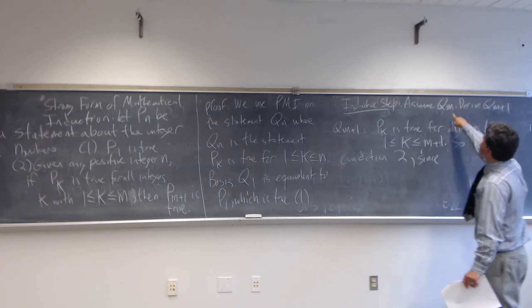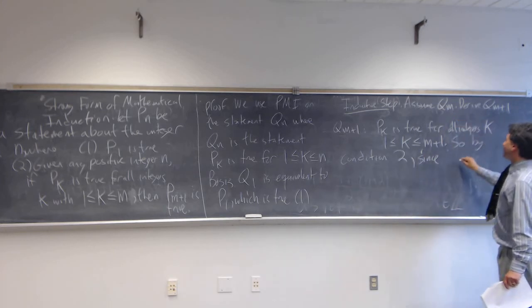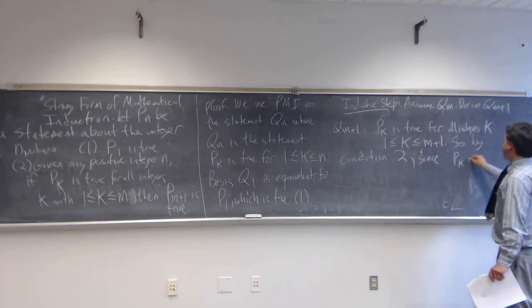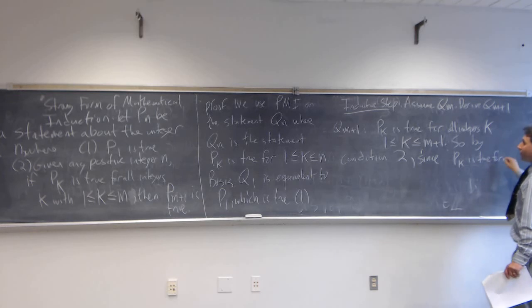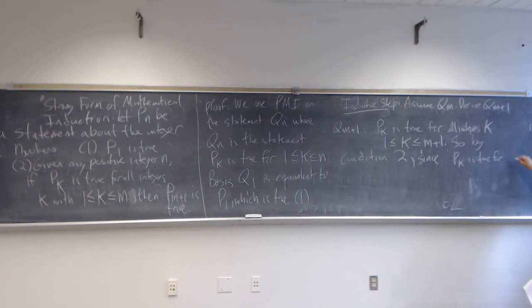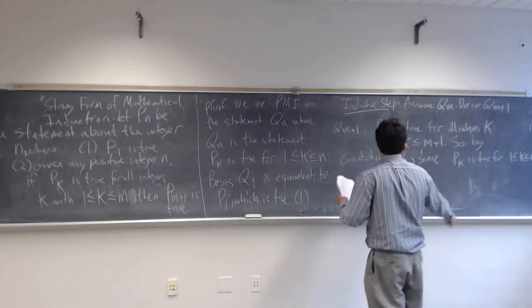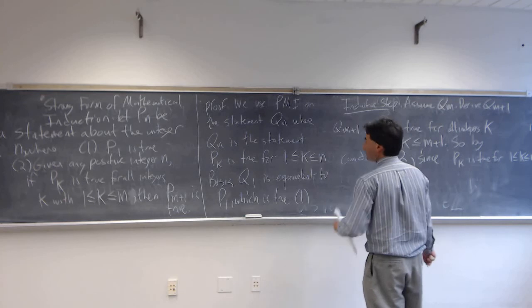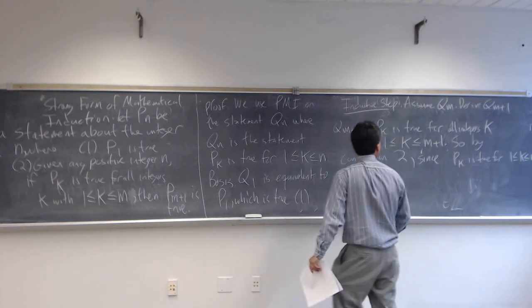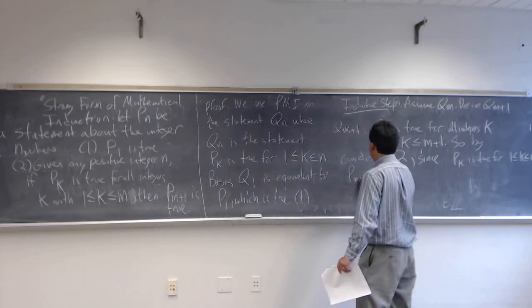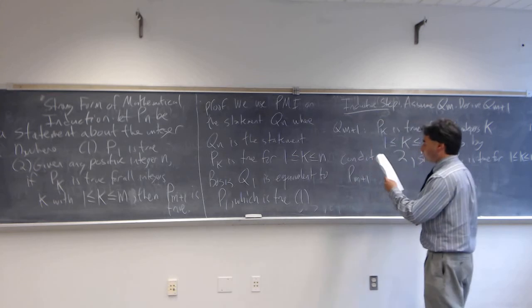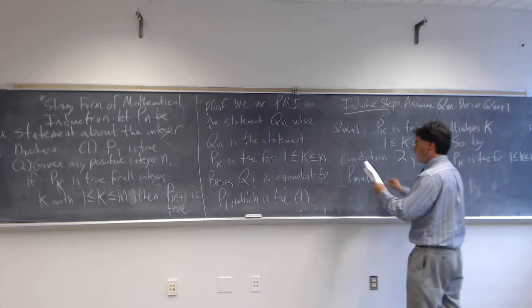So we can use condition 2: assume Pk is true for k between 1 and m. So since we have that, what can we conclude? We can conclude Pm plus 1 is true.